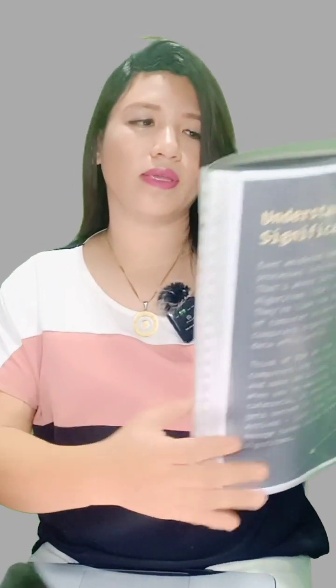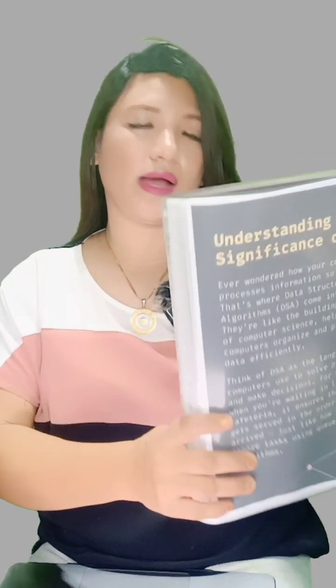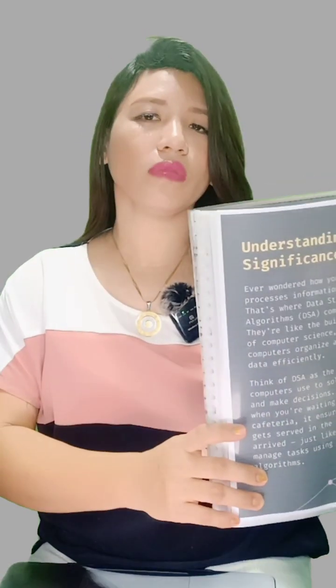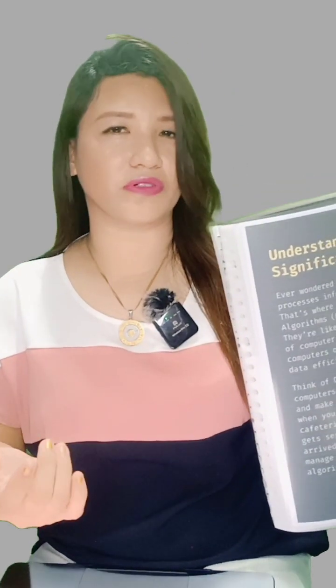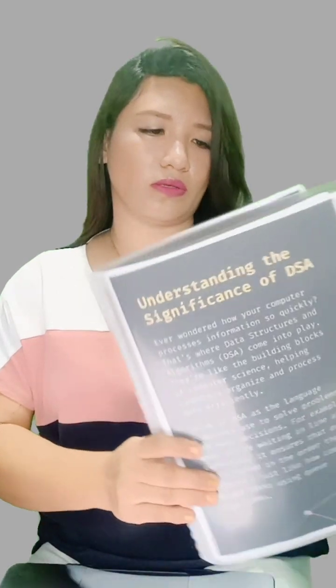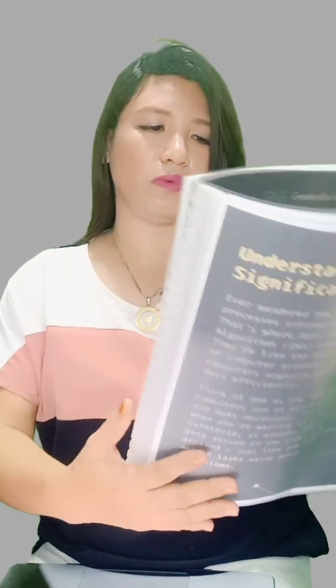Just like in natural science, we know cells as the building blocks of living organisms, when it comes to coding and computer science, data structures and algorithms are the building blocks. It's one way to communicate with computers.